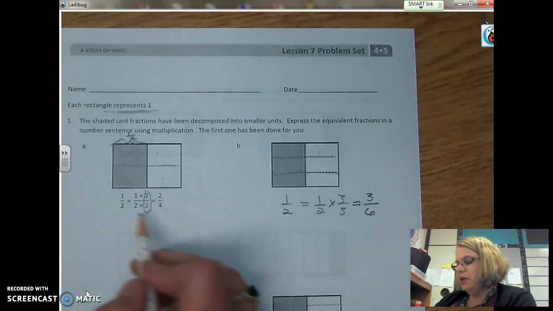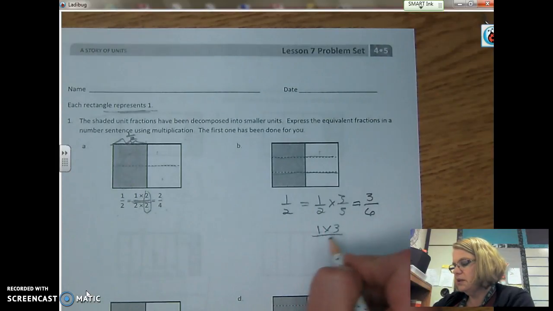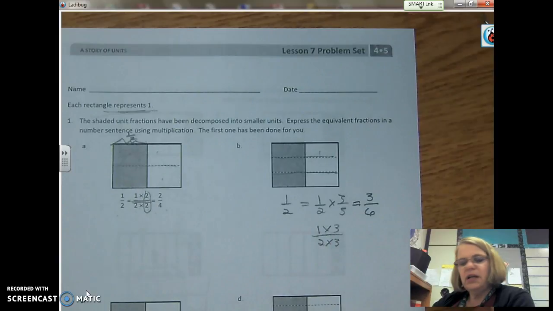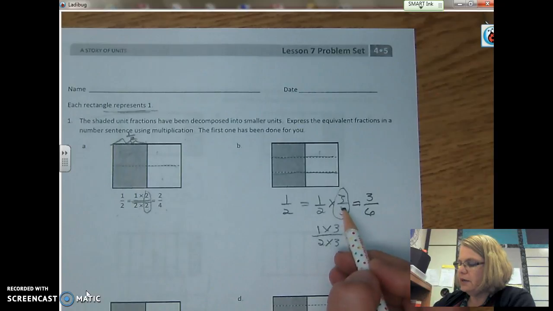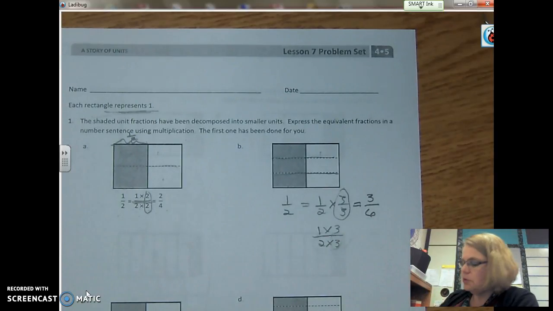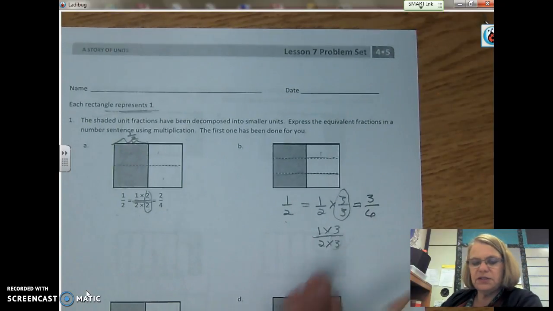Now they wrote it as one fraction like this. It's the same. I see this as being easier than I see this. Okay. So we're multiplying by 1, it becomes the same. So 1/2 is equivalent to 3/6.